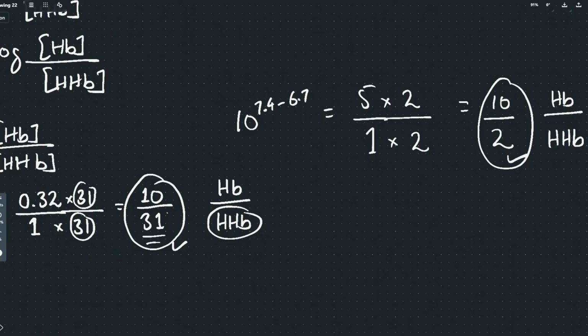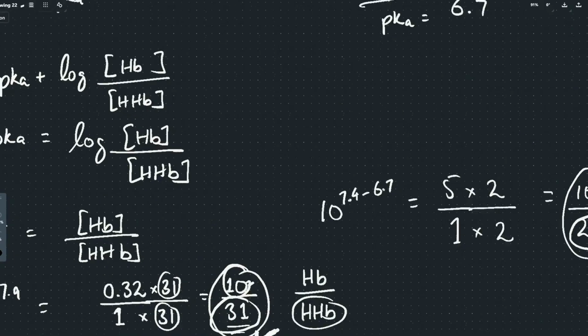Of course, if you look at this, you will understand that the deprotonated is the same. That's why I did this multiplication, to show you this concept, that HB is the same, 10 and 10. But here we have 31 molecules of protonated HB, and here we only have 2 molecules of the protonated HB. So it means that it can carry more proton as compared to this.